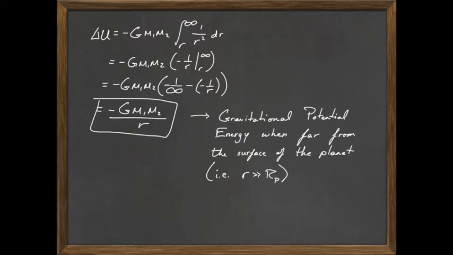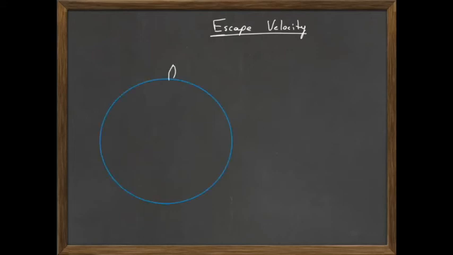One of the things this is referred to is the escape velocity. It means that if you've got a planet and we know the mass of the planet and some properties of the planet, if we need to get some object off the planet and move to a point where the planet no longer has gravitational influence, that is referred to as the escape velocity.